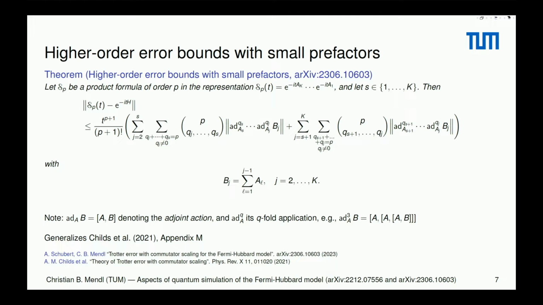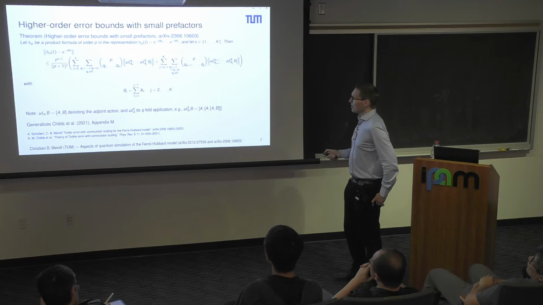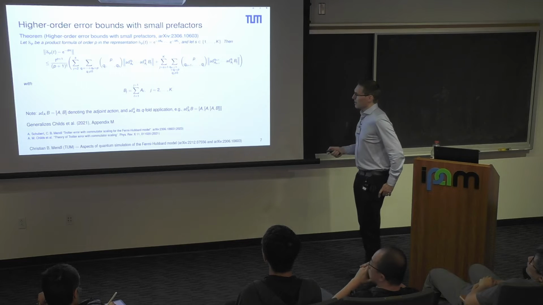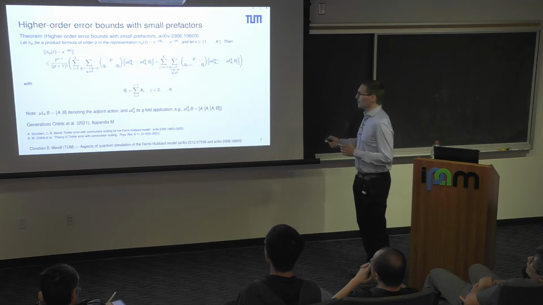So I guess the important part are these adjoints here. So ad here means just the commutator. So adjoint A, B is the commutator of A and B. And we can also take powers of that. So adjoint A to the power of 3, B is then a nested commutator.